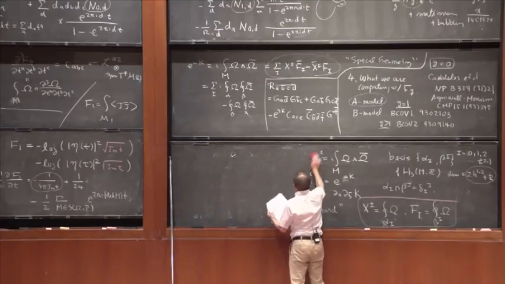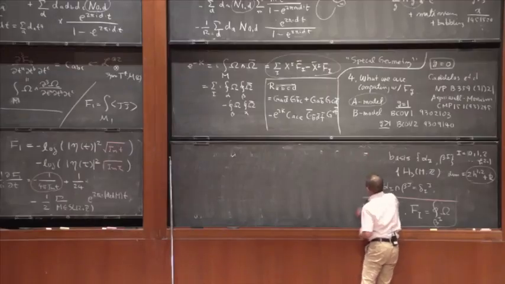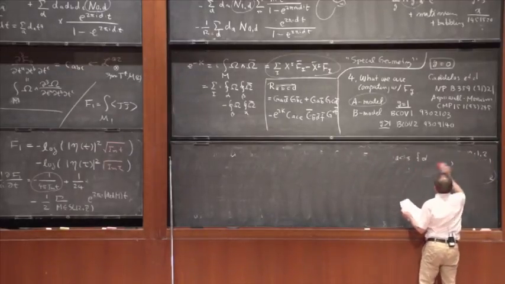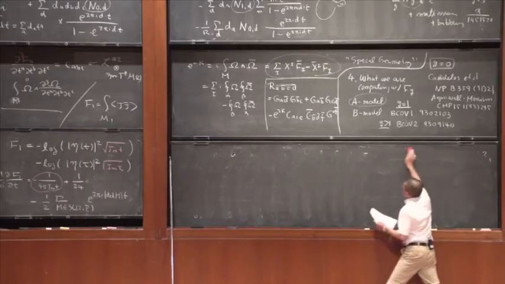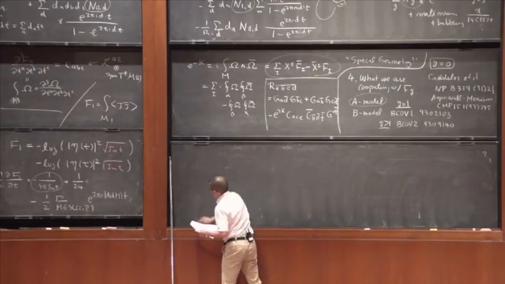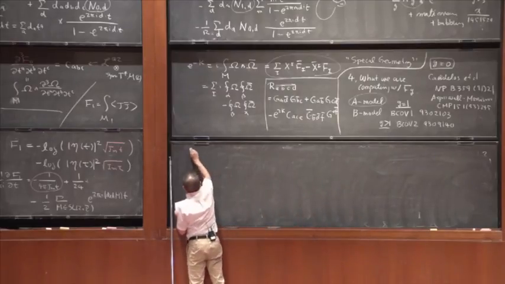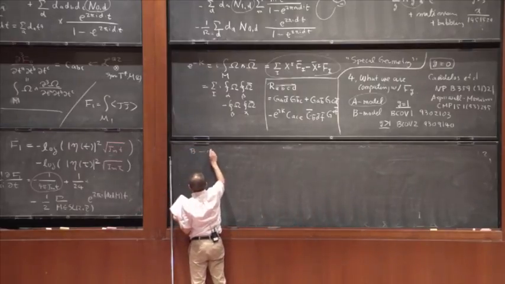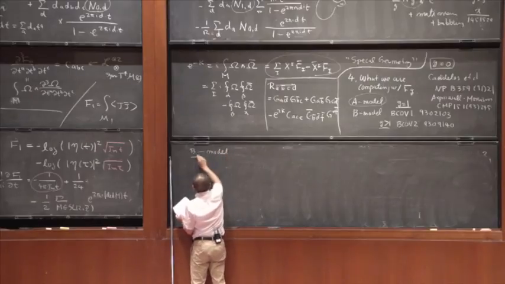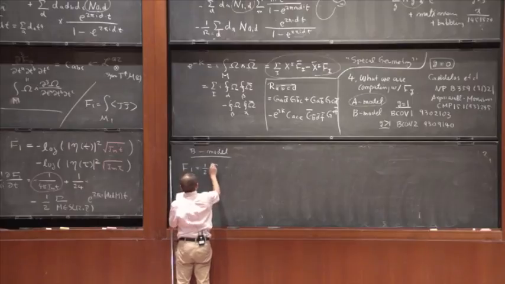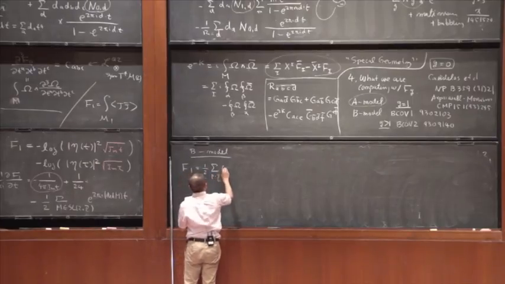And this is related, in the case of the B model, to the so-called Quillen anomaly. So I remind you that in the case of the B model, so this was the A model, but in the case of the B model, in general, F1 is given by a sum of determinants of the Laplace operator.